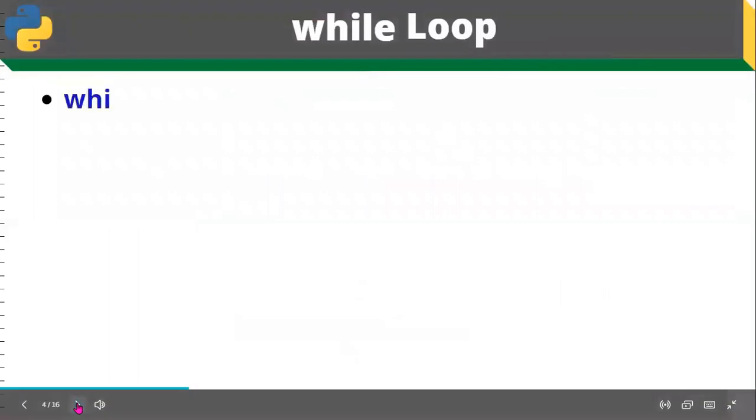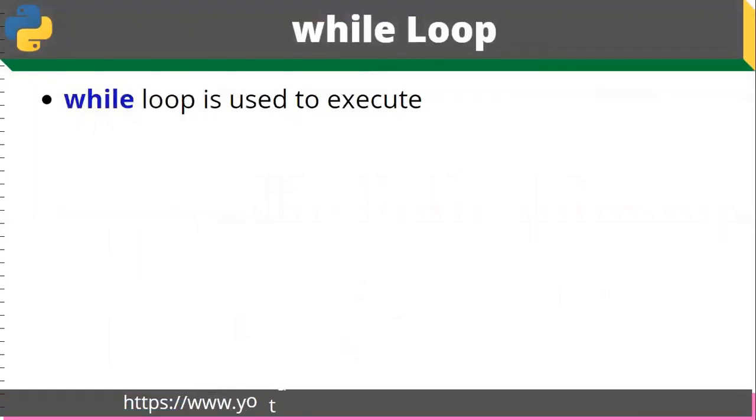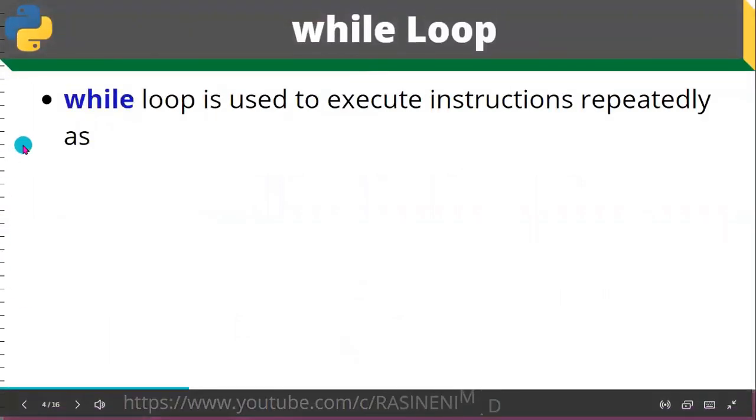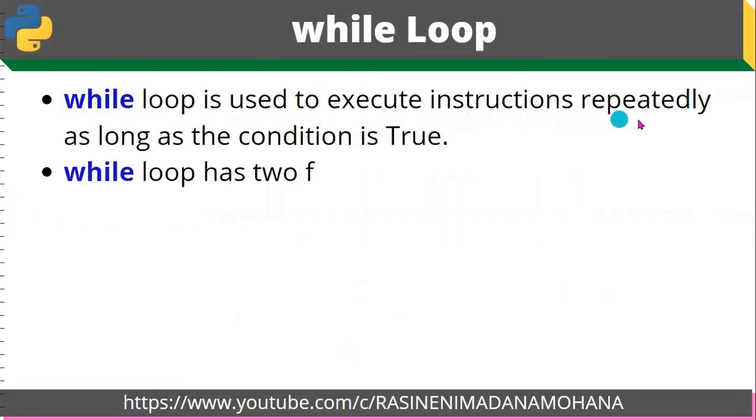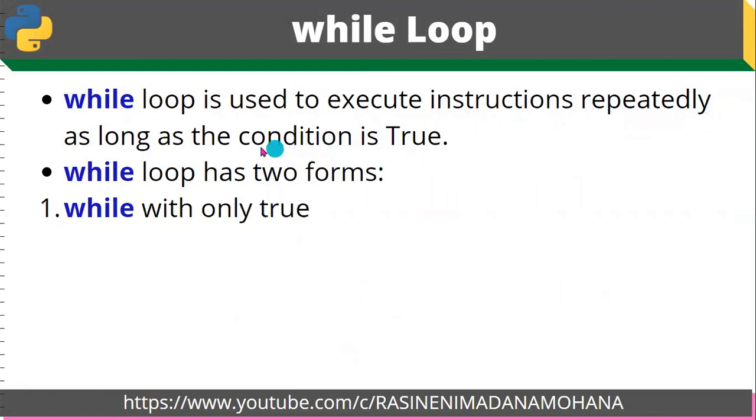Then let us see what is a while loop. The while loop is mainly used to execute instructions repeatedly as long as the condition is true. So in the while loop, whatever statements we have given in the body of the loop can be executed repeatedly till the condition returns true.